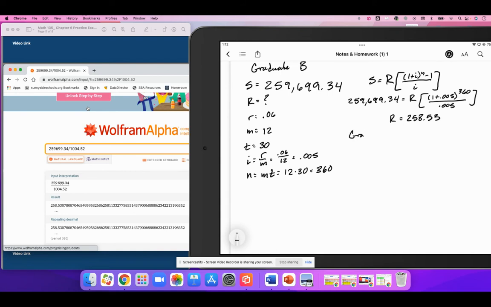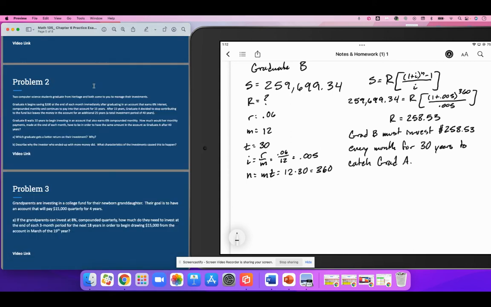So grad B must invest $258.53 every month for 30 years to catch grad A. Yowzer.